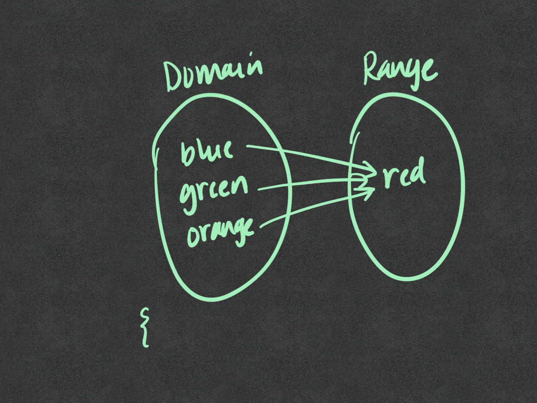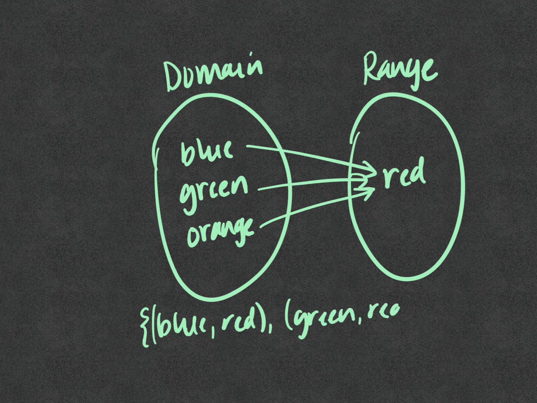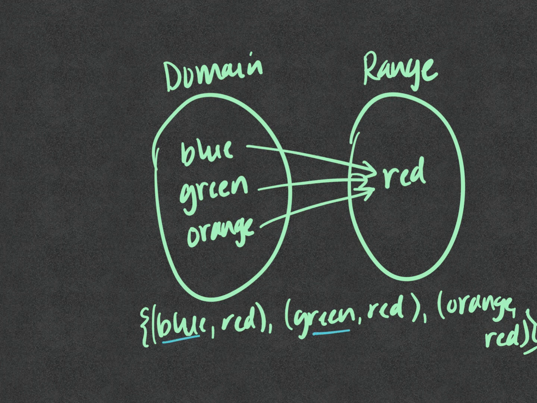Yes, because you could literally write this as the points (blue, red), (green, red). That's what a mapping is. It writes it as a map with arrows instead of as points. (Orange, red.) Sorry, I ran out of space there. But you can see that all of the x values are different. So it is a function.